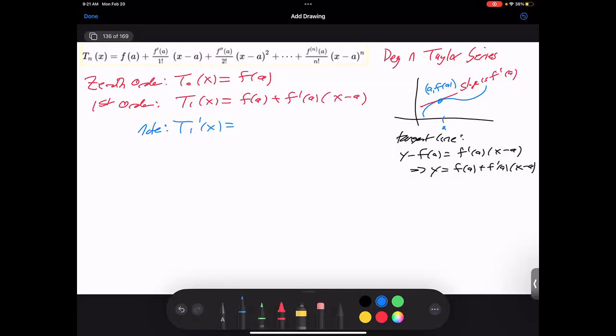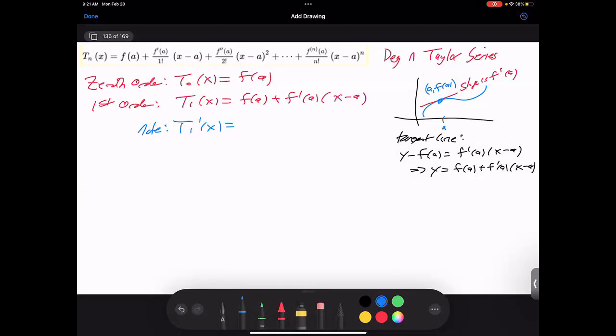What's the derivative of 17 with respect to x? This is a prerequisite for the course. What's the derivative of 17? 0. What's the derivative of 23,408? Doesn't matter. It's a constant. What's the derivative of f of a with respect to x? 0. It's just a constant.